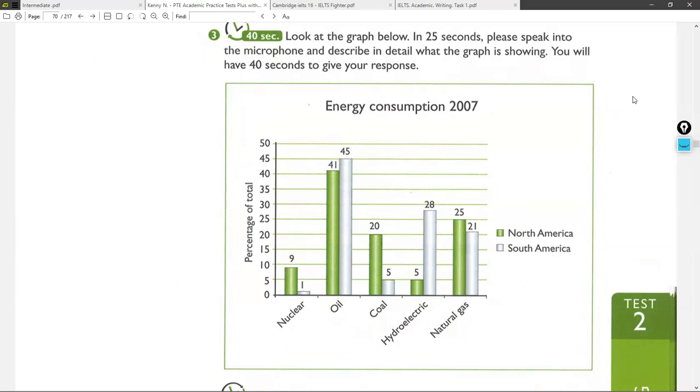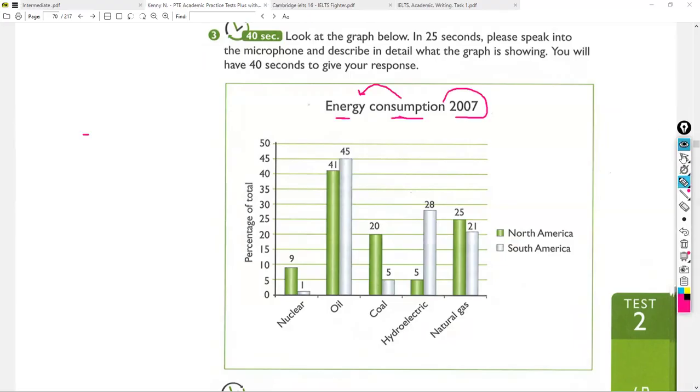And we can see on the green, nuclear, oil, coal, hydroelectric, and natural gas.